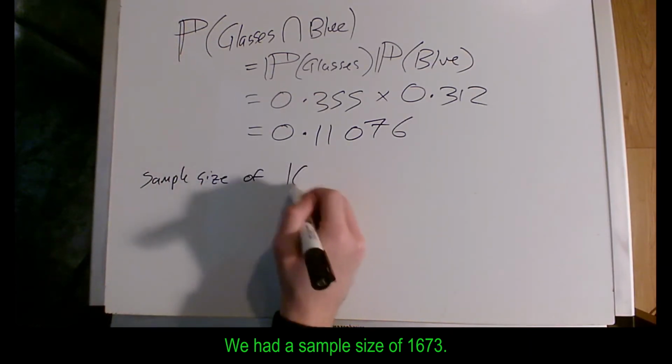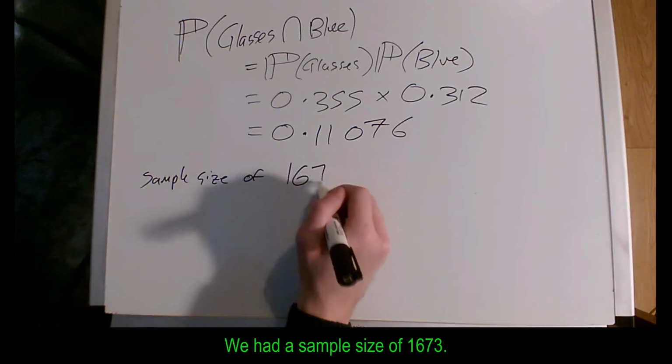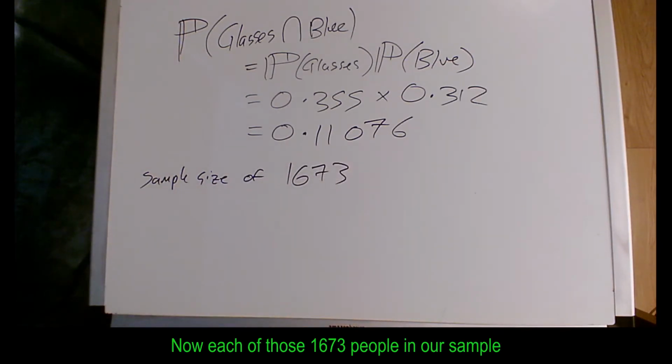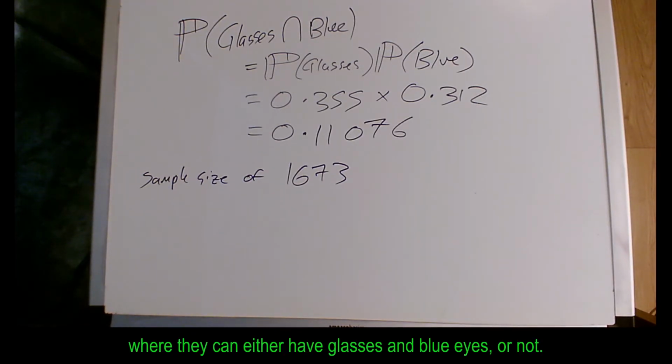We had a sample size of 1,673. Now, each of those 1,673 people in our sample could be considered a random trial, where they can either have glasses and blue eyes or not.